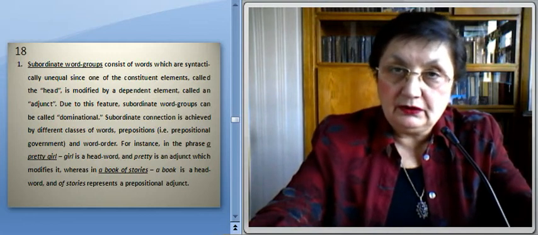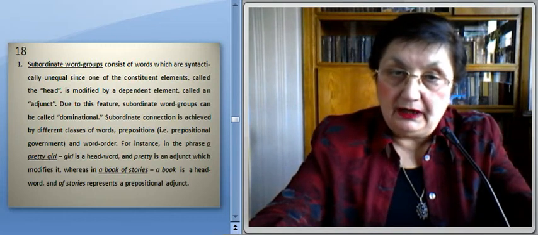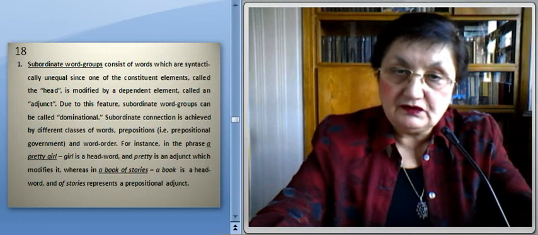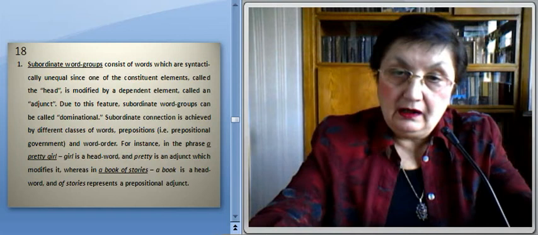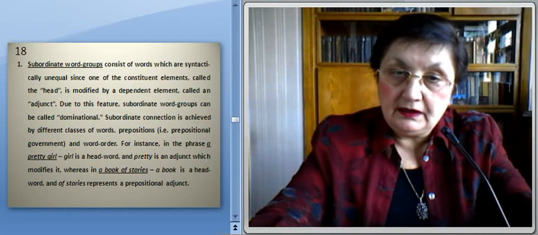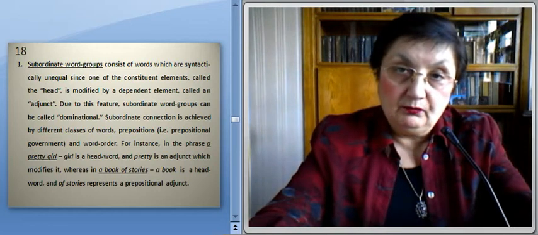For instance, in the phrase "a pretty girl," "a girl" is the head word and "pretty" is an adjunct modifying the head word. Whereas in the phrase "a book of stories," "a book" is the head word and "of stories" represents a prepositional adjunct.